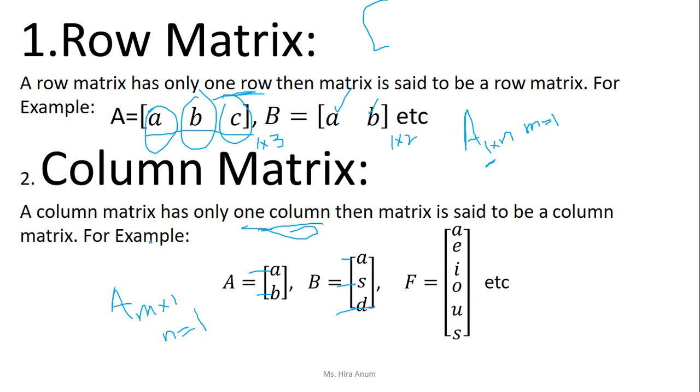When the row will be 1 and there are one or many columns, then it is called a row matrix. When the column will be 1 and rows are more than 1, then it is a column matrix.